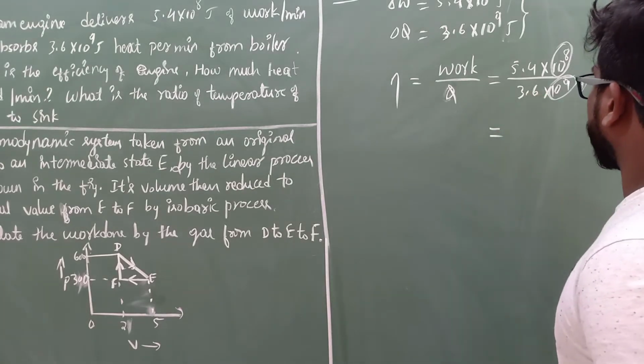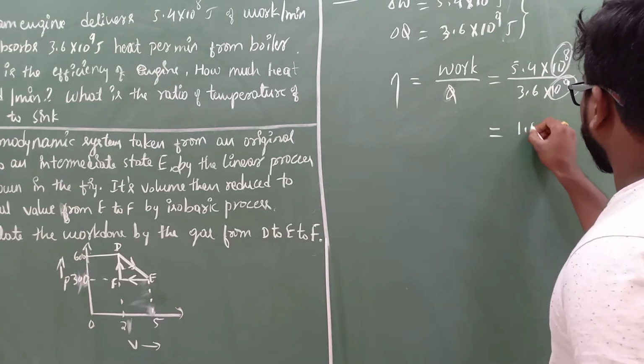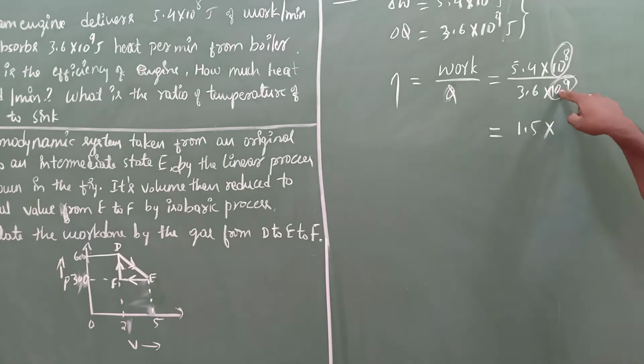5.4 divided by 3.6, if you do that, you will get 1.5 into 10 power plus 9. When it goes to the numerator, it becomes 10 power minus 9. So 10 power minus 9 plus 8 gives 10 power minus 1, or generally 1 by 10.